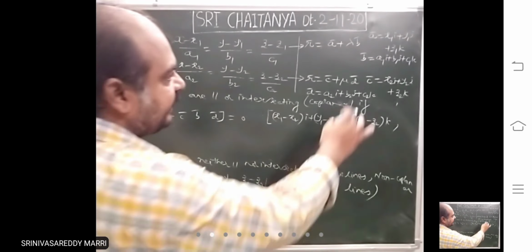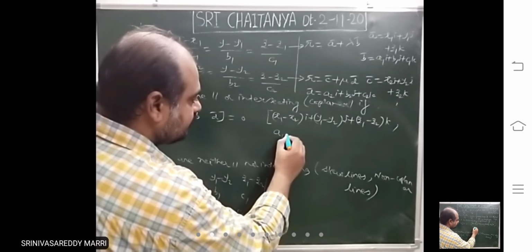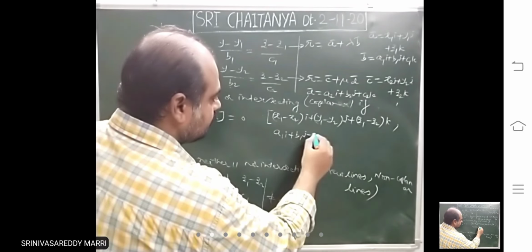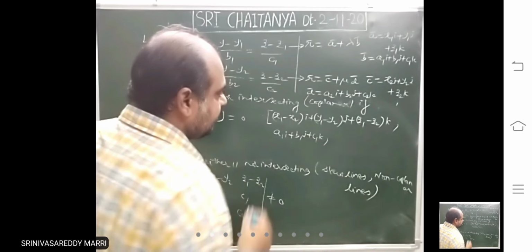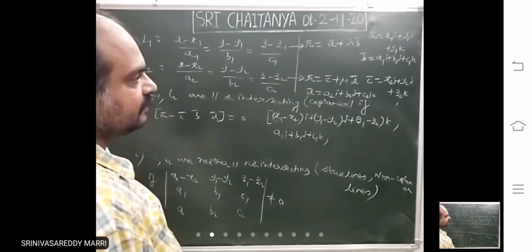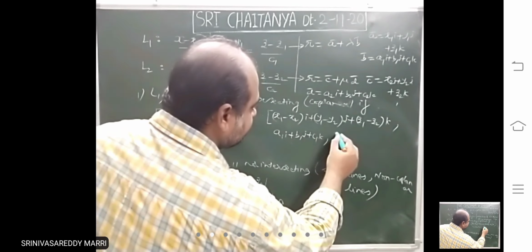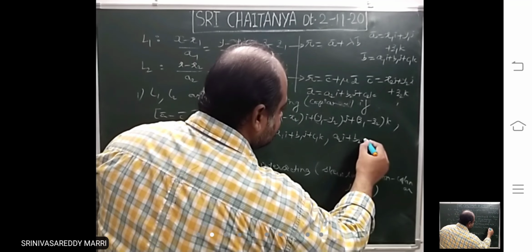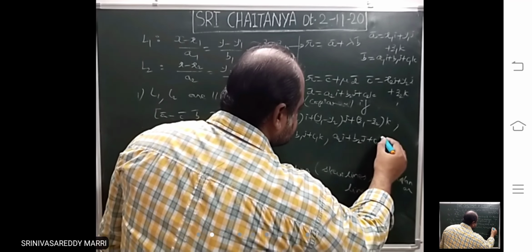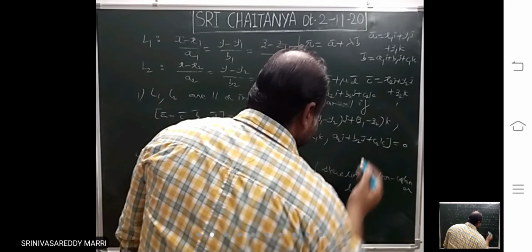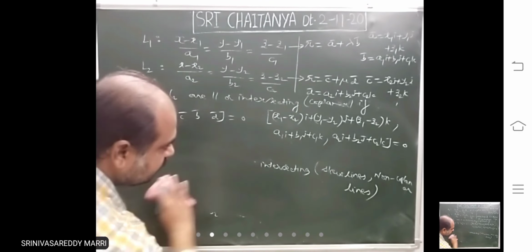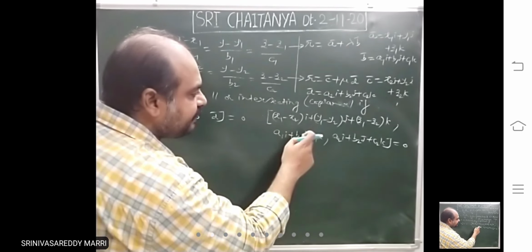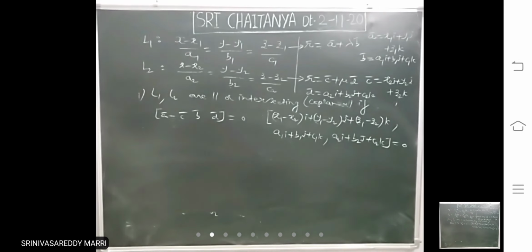B bar means what? Vector a1i plus b1j plus c1k. D bar means what? a2i plus b2j plus c2k. This is equal to 0. This is equal to 0 means box of A bar, B bar, C bar is nothing but a determinant.